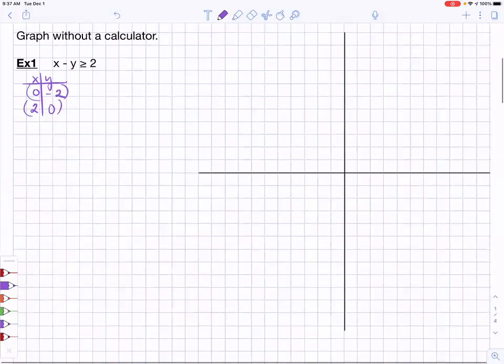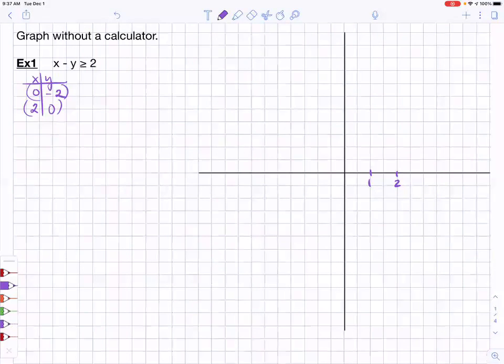Since these are little numbers, I'm gonna spread things out a bit. So I'm gonna say that this is 1, 2, -1, -2, etc. So 0, -2 is down on the y-axis, and 2, 0 is on the x-axis.